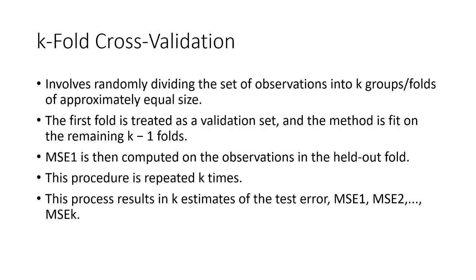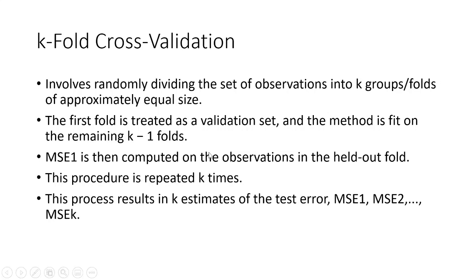But in the k-fold cross-validation, instead of using an individual observation, you group the observations into folds. So if you have a total of 100 observations and you divide into 5 folds, you just have to run it 5 times. Each time you remove one group from the calculation.